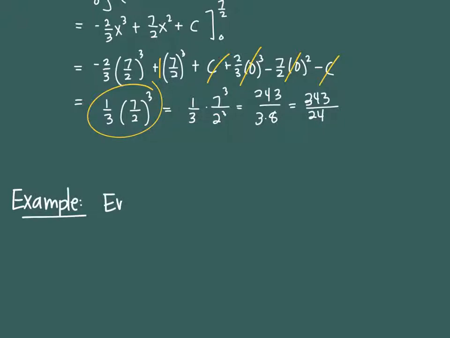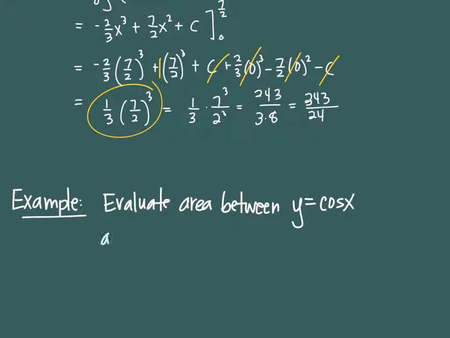All right, so you want to evaluate the area between y equals cos x, so make sure you're in radian mode, please, and y equals e to the negative x, on the interval 0 to 2 pi.